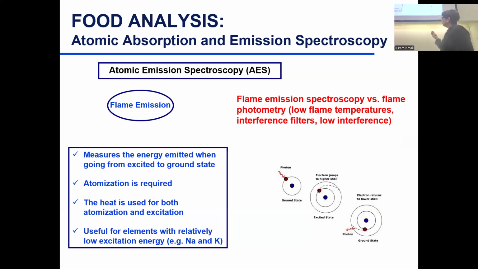It used to be commonly used specifically for sodium and potassium because they have very low excitation energy. So you don't need a lamp, they can get excited by the energy of the flame. So flame emission, or flame photometry, was commonly used to measure sodium and potassium.